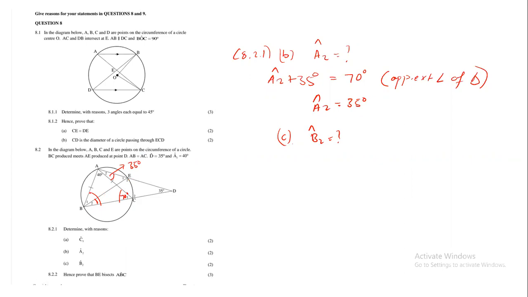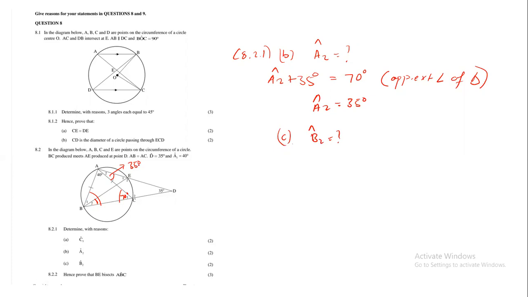Now, we know the magnitude of the bigger angle, which is ABC, that it is equal to 70 degrees. Now we want to determine this. Is it fair for me to say this plus this? Yes, it is fair, but the problem is I do not have the magnitude of B1. So I have two unknowns here.